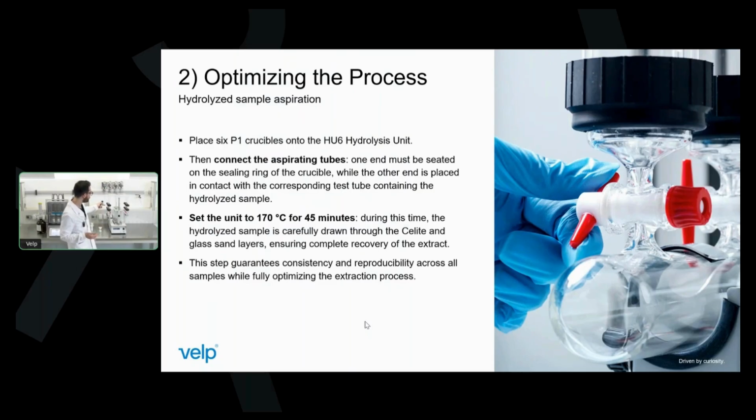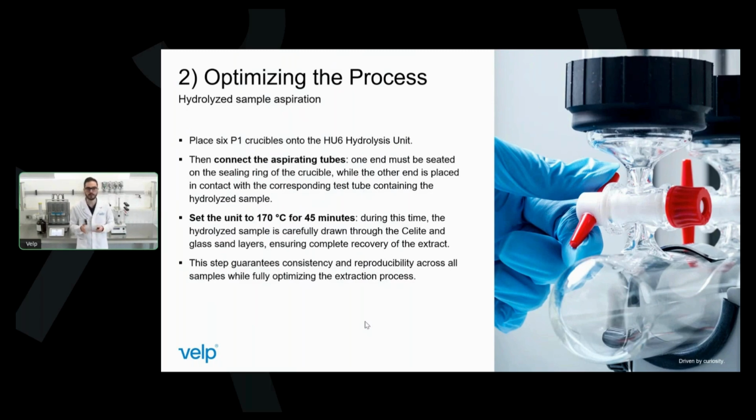It's really important in this process that all the crucibles are linked to the test tubes with this aspiration tool, because this helps the further filtration that we will perform.